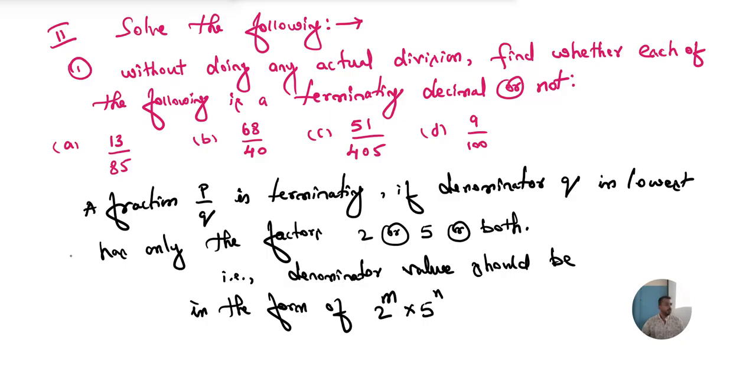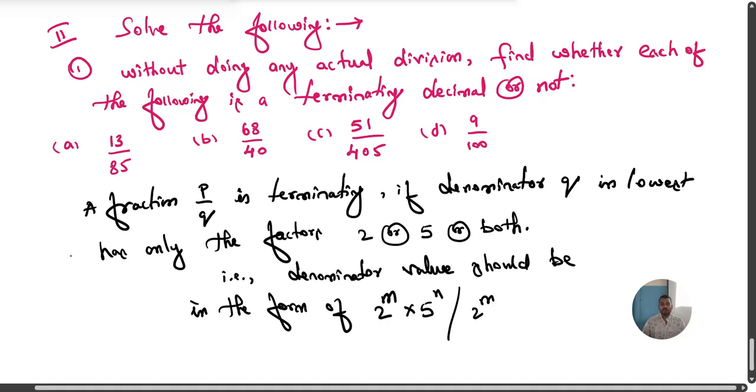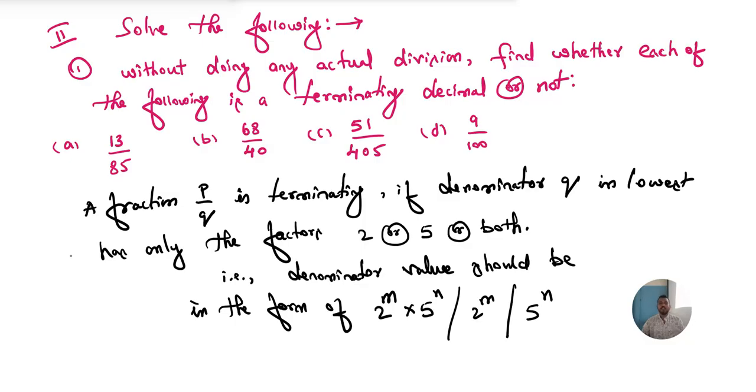Denominator value should be in the form of 2 power m or 5 power n, or only 2 power m is also fine, or only 5 power n is also possible, but no other numbers.